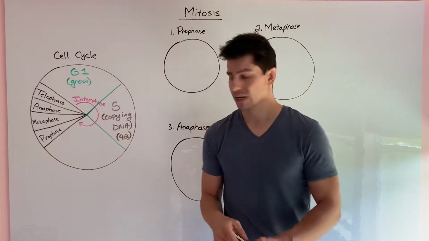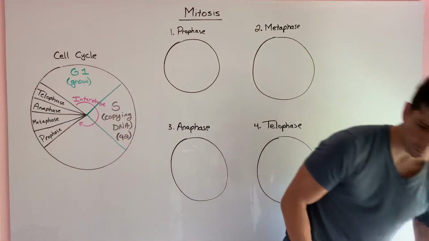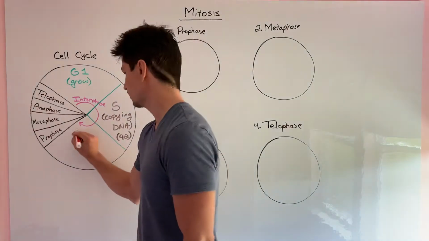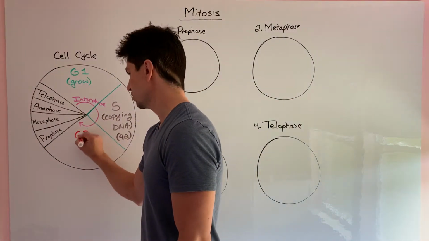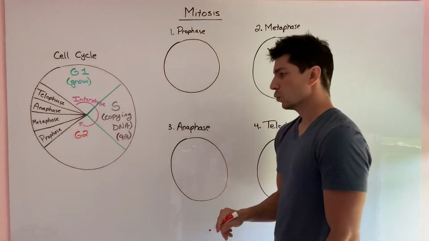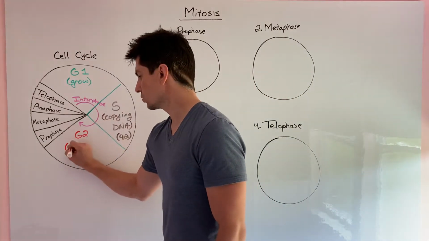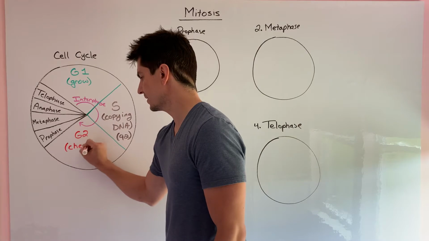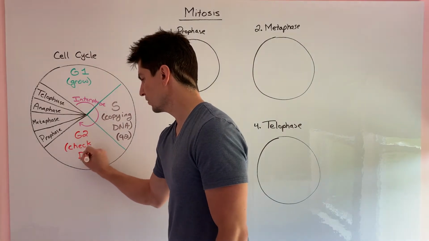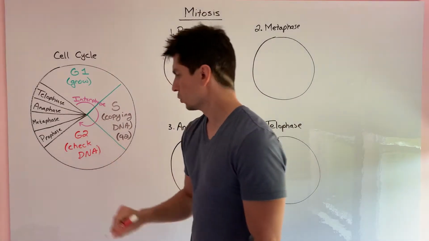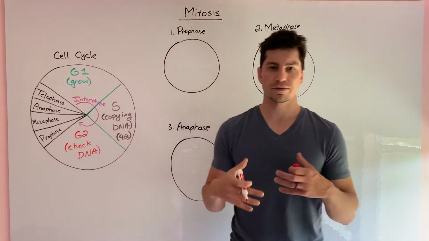All right. Then our last phase over here, down here, this is going to be called G2. And the G stands for gap, okay? What the cell is going to do here is it's going to continue to grow, but also we are going to check that DNA. Why are we checking the DNA? Well, we're checking the DNA to make sure it's free of mutations.